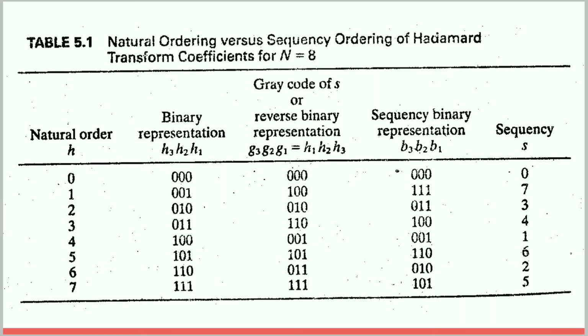Gray code of S, or the reverse binary representation, is calculated by inverting the bits of the binary representation. So 000 remains intact, 001 becomes 100, 010 remains intact, 011 becomes 110, etc. The sequency binary representation B3, B2, B1 is calculated using the gray code of S, and the sequency S is generated according to the binary representation.